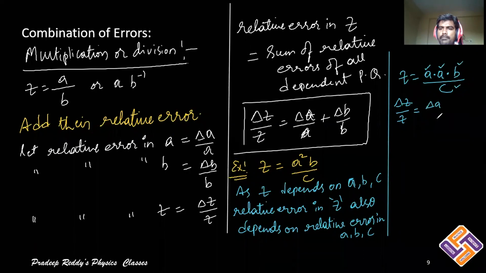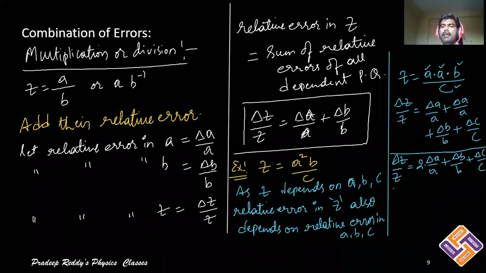Delta A by A plus delta A by A plus delta B by B plus delta C by C. Whether it is multiplication or division, you don't bother about it. Simply on what physical quantities it is depending upon, simply add their relative errors. Delta A by A, delta A by A, there is twice. Therefore, I can write delta Z by Z is equal to 2 times delta A by A plus delta B by B plus delta C by C. This is how you will combine the errors in case of multiplication or division of the physical quantities.